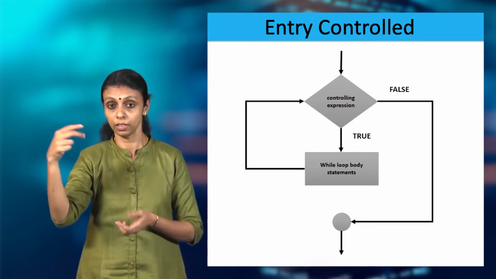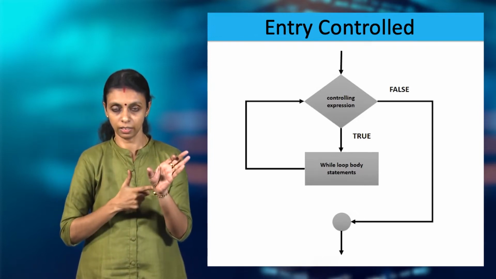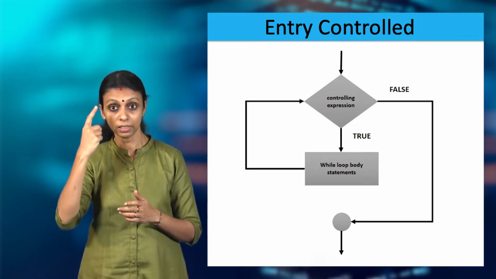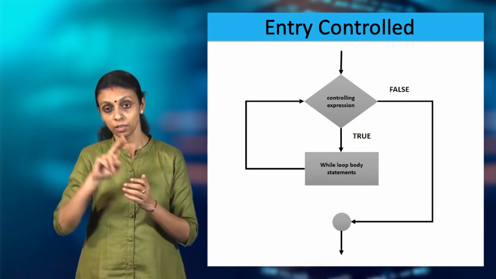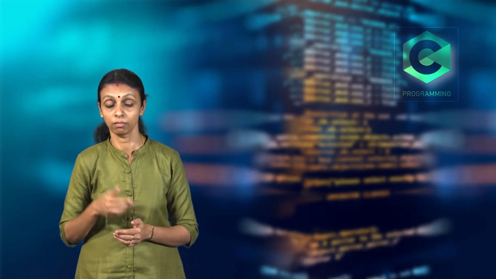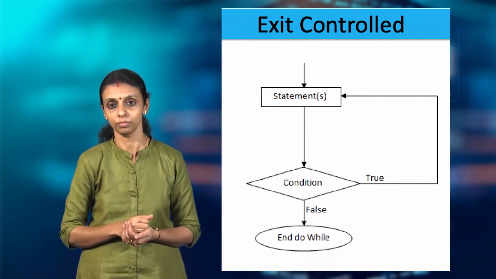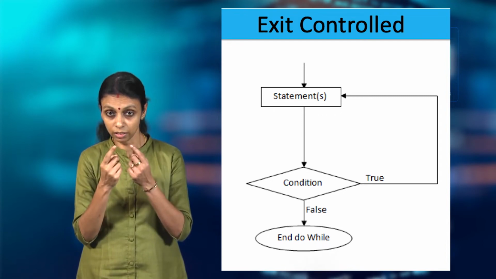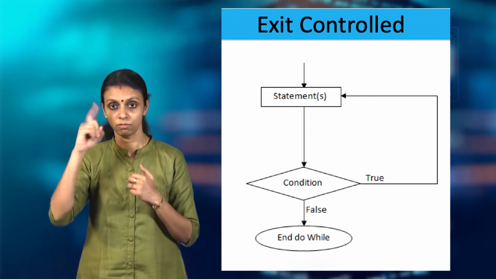This is known as entry controlled loop because the condition is checked before executing the statements inside the block. Now consider this flow chart. Here, the condition is checked after executing the statements.